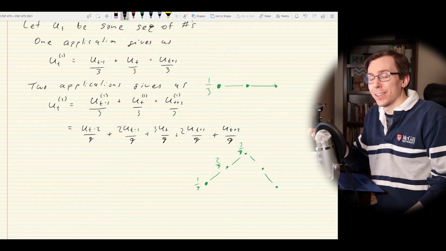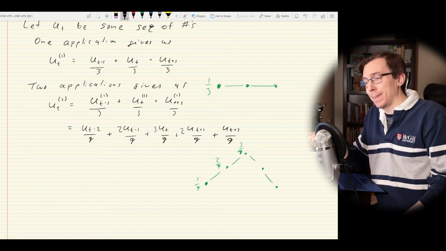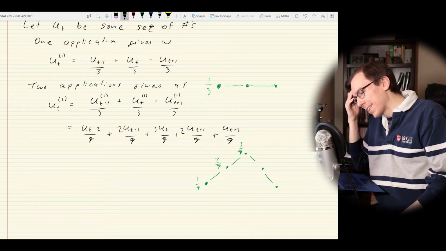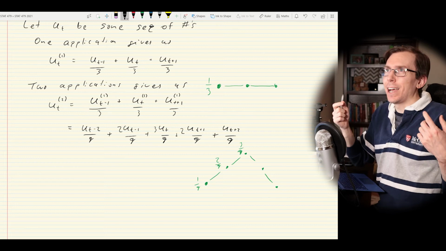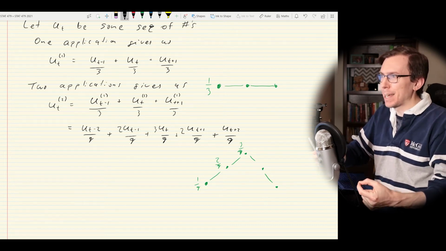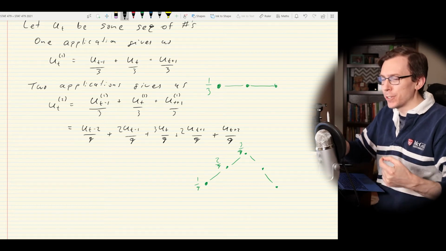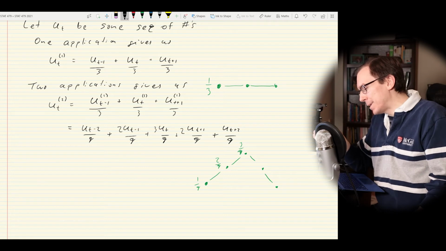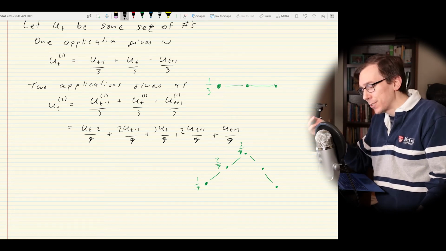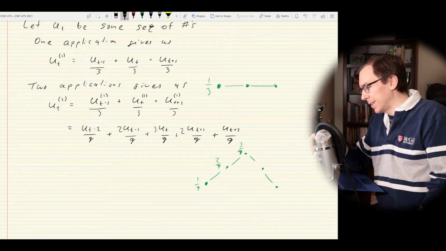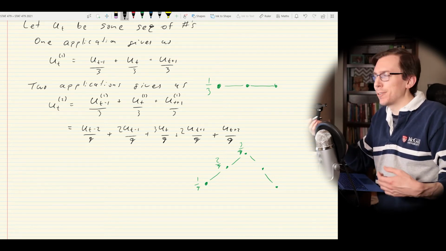If I add another uniform together, I get something piecewise quadratic, then piecewise cubic, and so on, as I keep convolving the uniform distribution with itself. The same idea happens here. We're basically doing a discrete type of convolution, going from constant to linear to quadratic and so on.